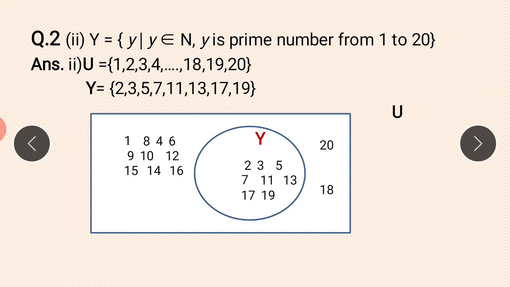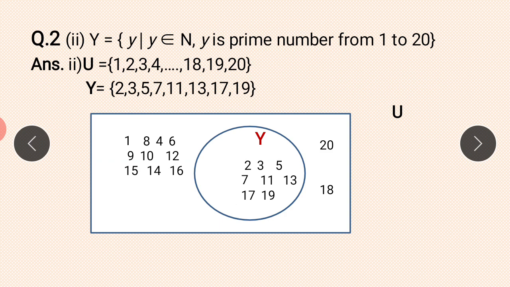See the Y. Second one, question same. Y = {y such that y belongs to N}. Again, y is a natural number and y is a prime number from 1 to 20. Then you list here which numbers are prime numbers from 1 to 20. Universal set, you know that: universal set = {1, 2, 3, 4, up to 20}.